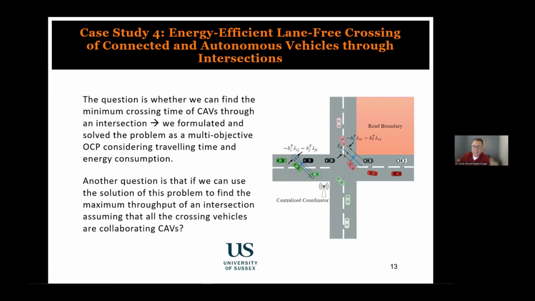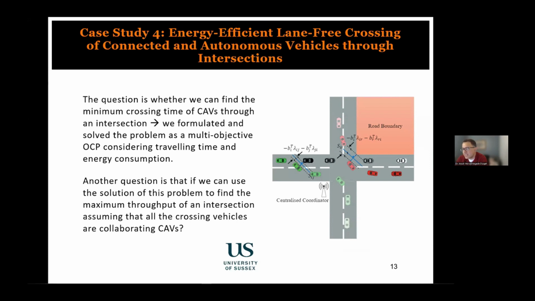Then we came up with another problem. As you can see, it is all about energy consumption and energy efficiency or pollution efficiency, but in different applications. Then we came across another research question, which is related to energy efficiency, but for connected and autonomous vehicles.